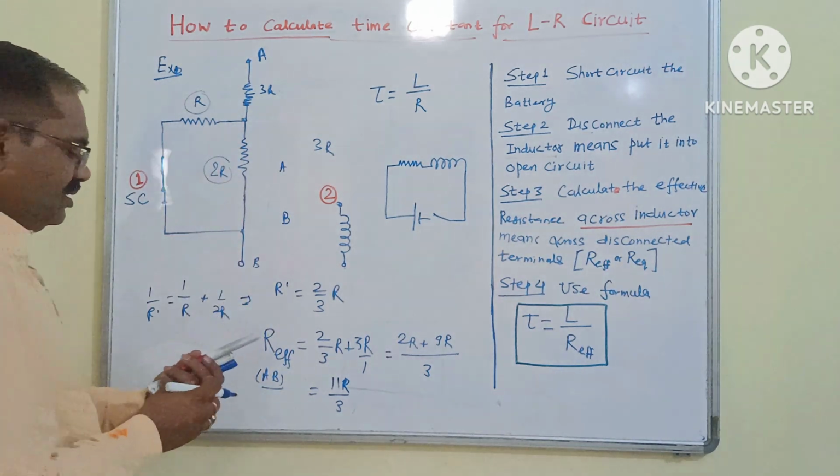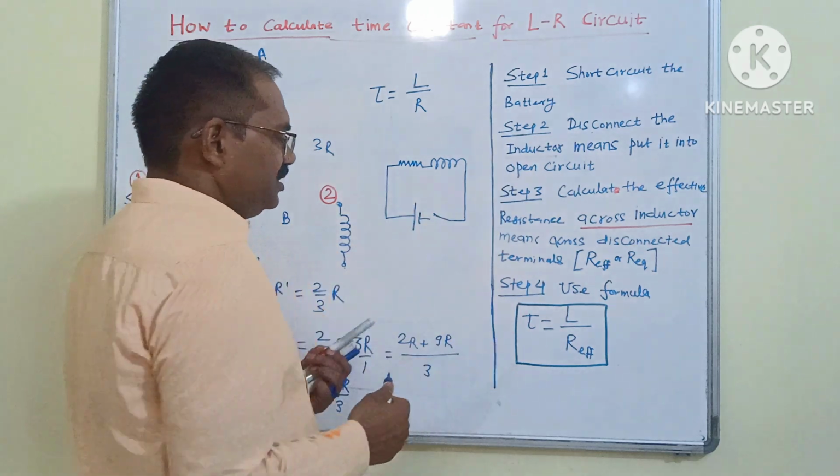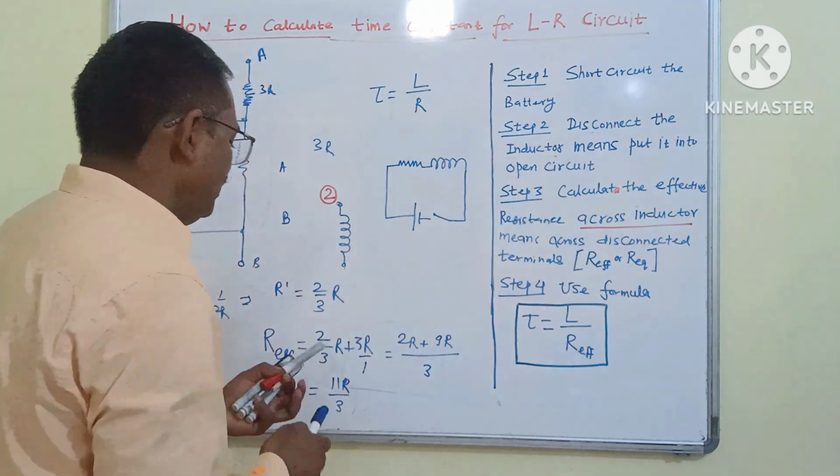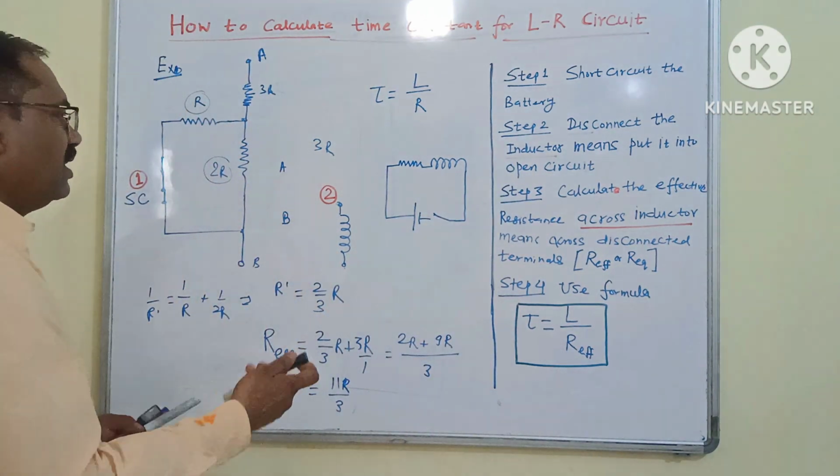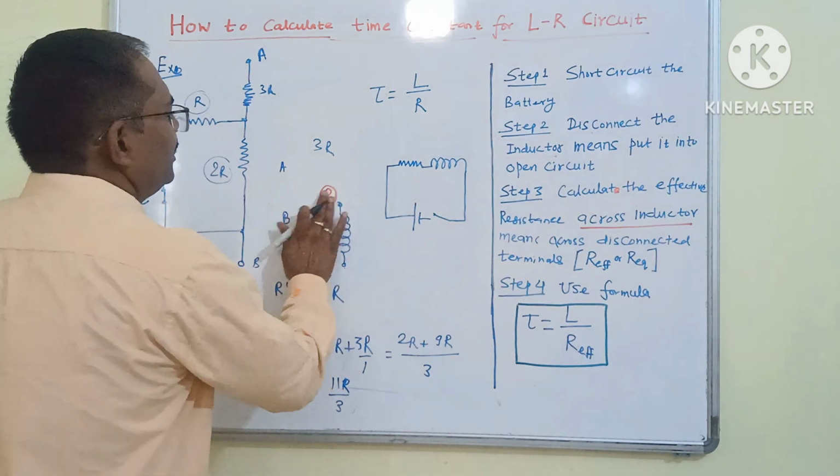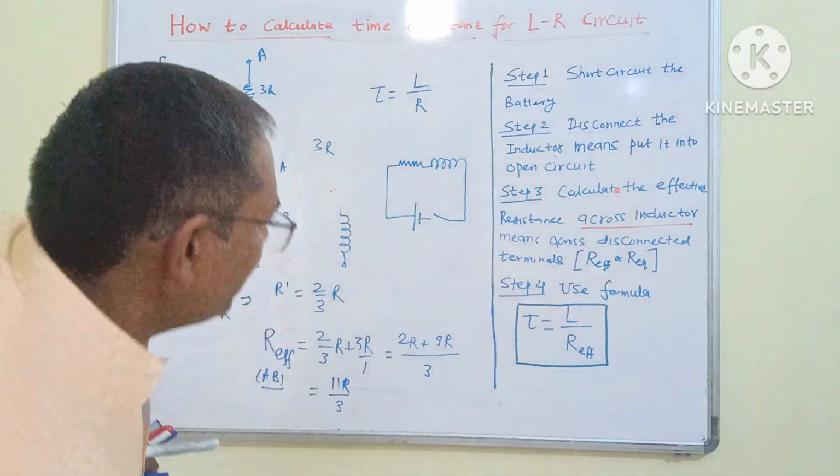So now by using these three steps, we can convert this circuit into a simple LR circuit.